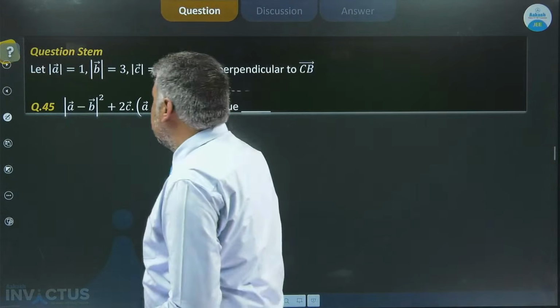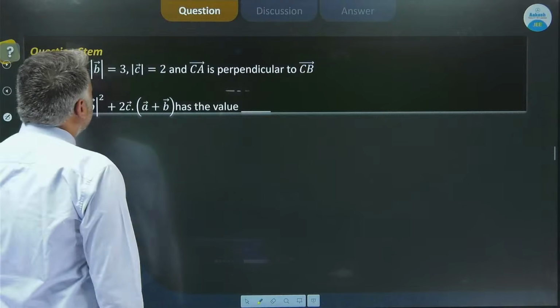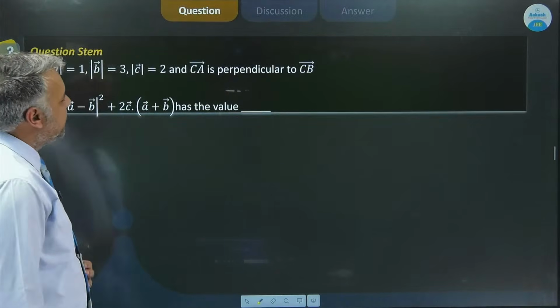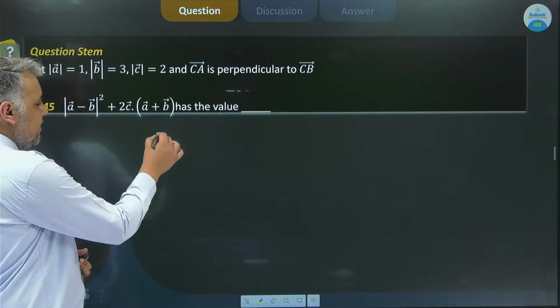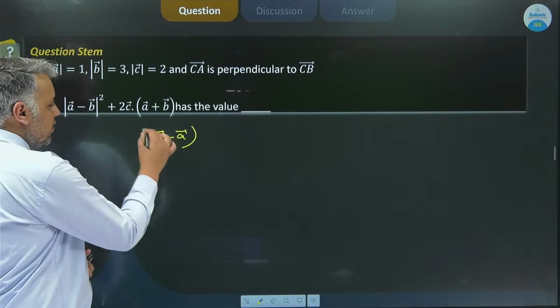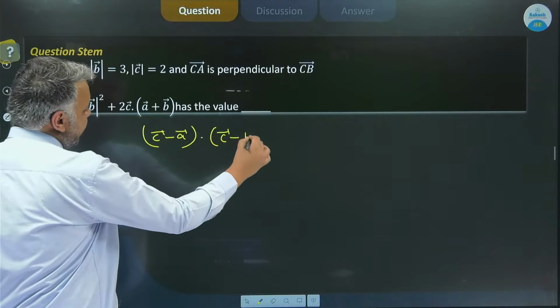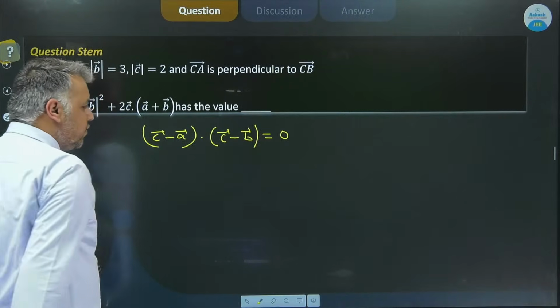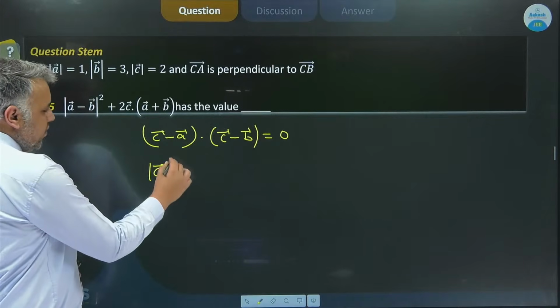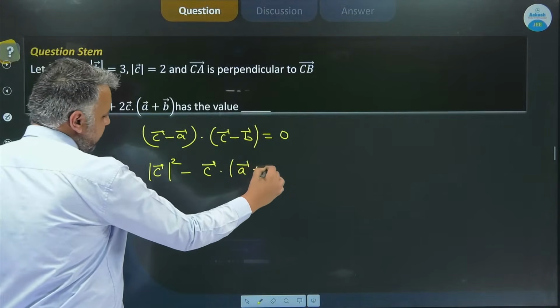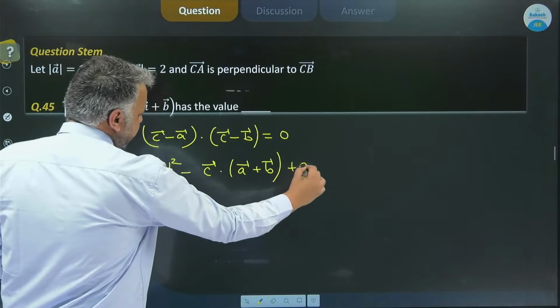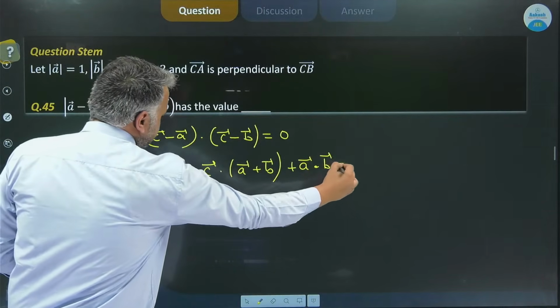There are 3 vectors A, B, C. Their magnitudes are given 1, 3 and 2 respectively. It is given that CA vector is perpendicular to CB vector. That means C vector minus A vector dot C vector minus B vector is equal to 0. From here you will get magnitude of C square minus C dot A plus B plus A dot B is 0.